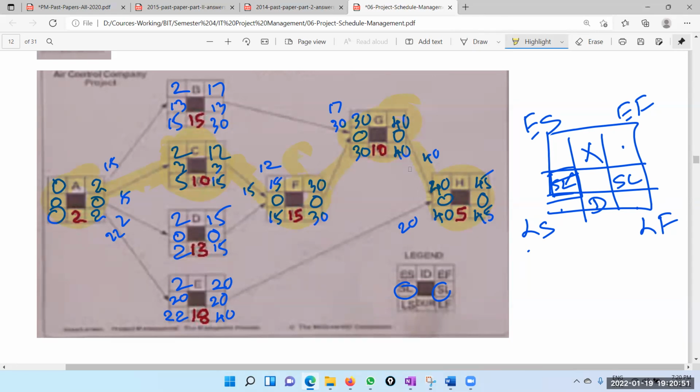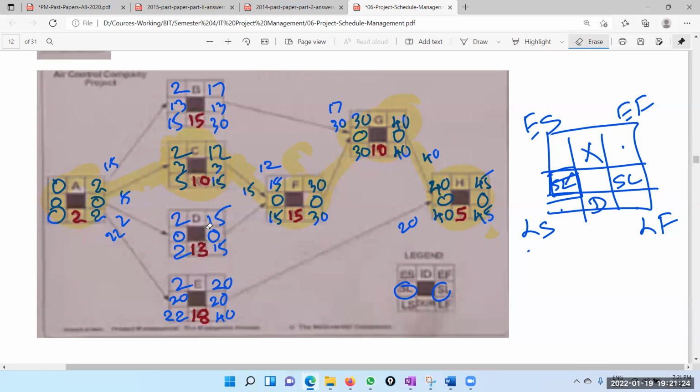A, C, F, G, and H. Because if you delay a single day on those tasks, your deadline is going to be more than 45 days. So yes, we can finish it at the end of the 45th day. But if you delay any of these tasks, it's going to be delayed. But here you can delay up to 13 days without delay in the project.